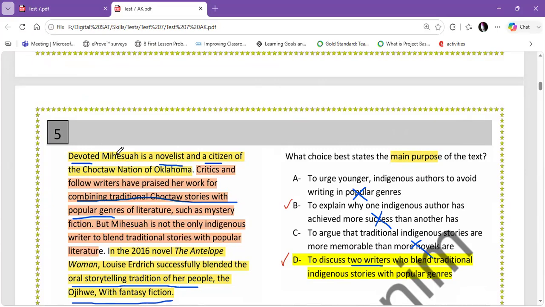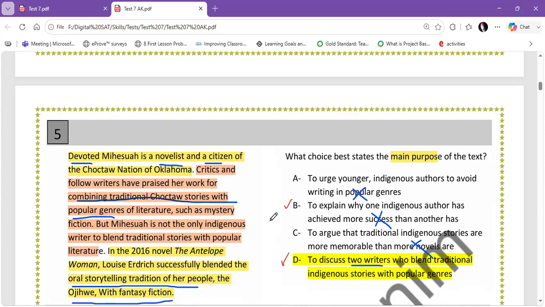Here he talked about one that is a novelist and a citizen. In the 2016 novel, The Antelope Wife, Louise Erdrich, this is another one, successfully blended the oral storytelling tradition of her people, the Ojibwe, so also native, with fancy fiction. So now we are talking about two characters, one from Choctaw and the other one from Ojibwe.